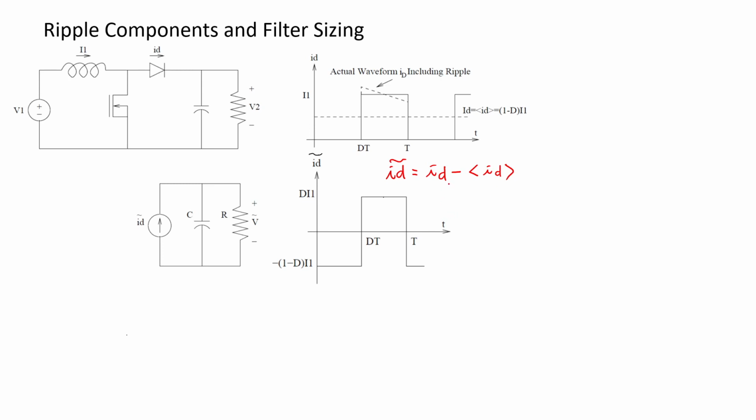It's like you offset this waveform downward so that the area of this and the area of this are equal.